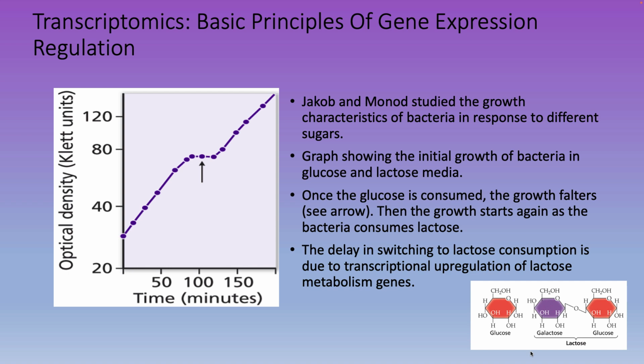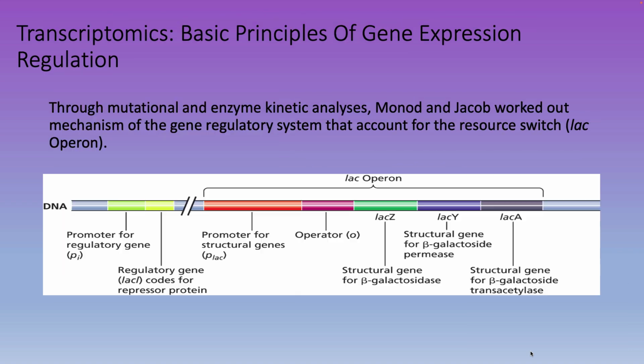And they found that this delayed switch was due to transcriptional upregulation of lactose metabolism genes. So what we're seeing here is a big change, right? It's the same organism. At one point it's metabolizing glucose, and then it changes so that it will now consume a different energy source, right? So some genes are being turned off and other genes are being turned on.